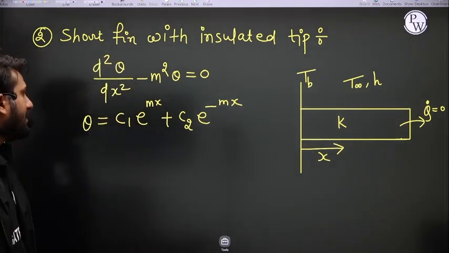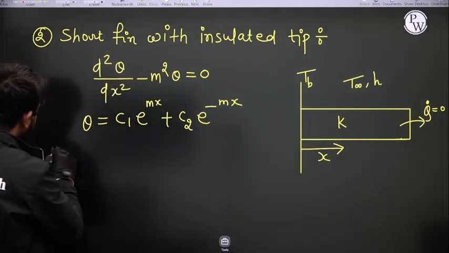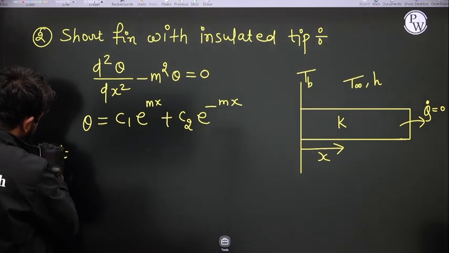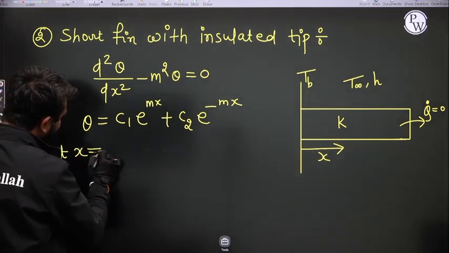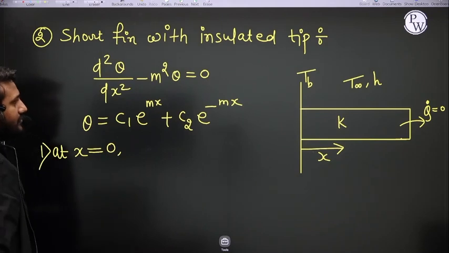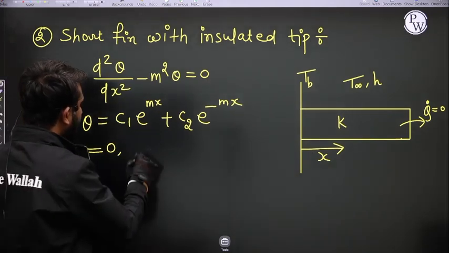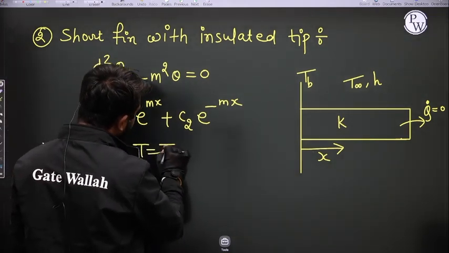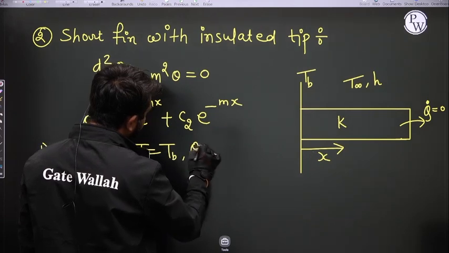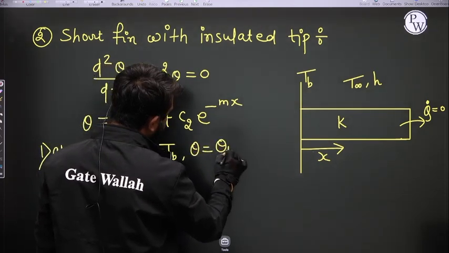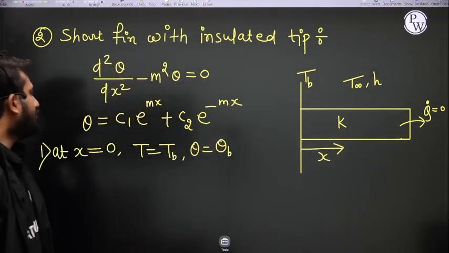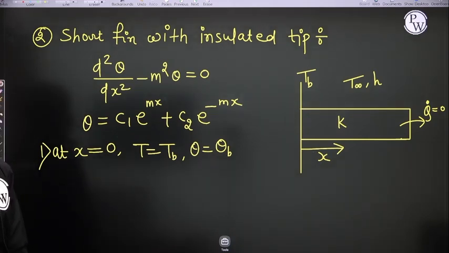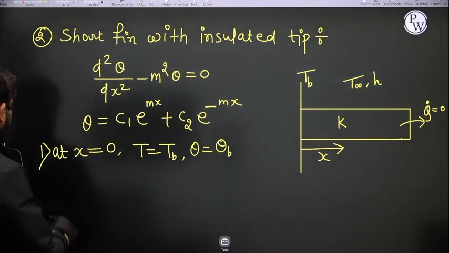What are the boundary conditions here? The first boundary condition is at x equal to 0, T is equal to Tb, and theta is equal to theta b.